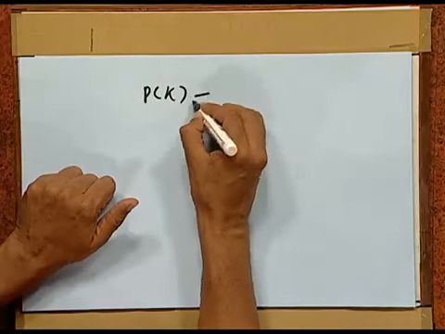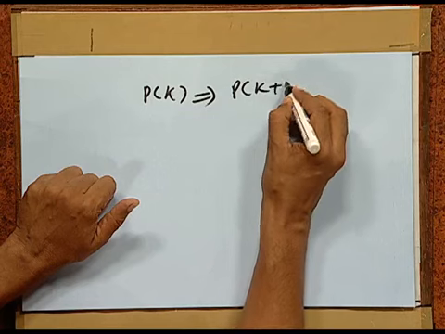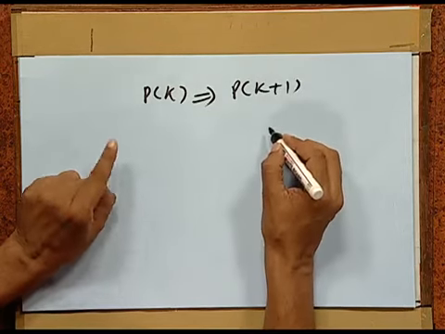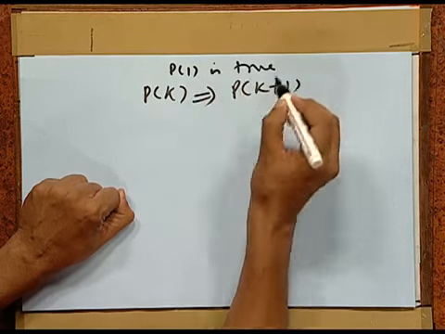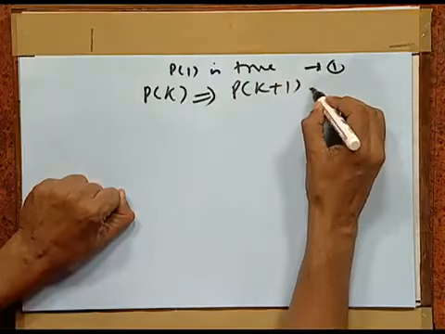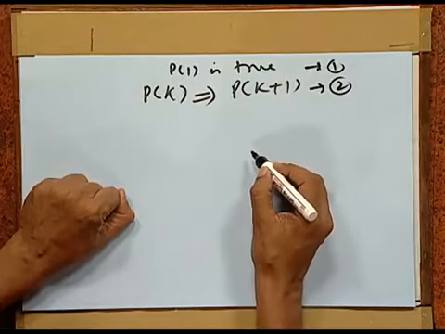Now, how these two steps guarantee the result for all natural numbers, that is interesting to see. In fact, when we say P(k) implies P(k+1), this k was not fixed, this k was arbitrary. Also, we have already shown P1 is true. Now, the first step and second step are apparently infinite steps.